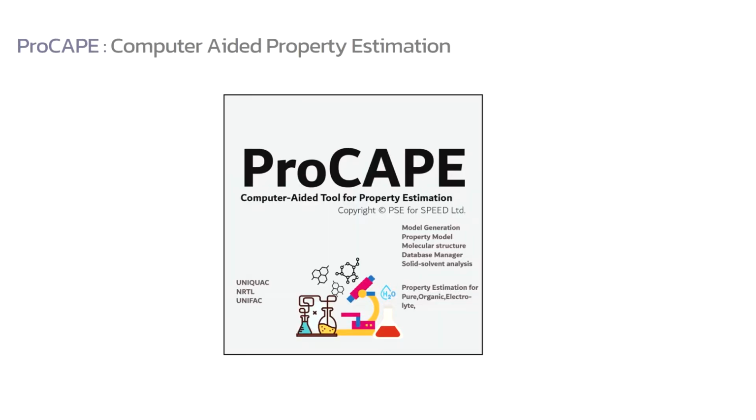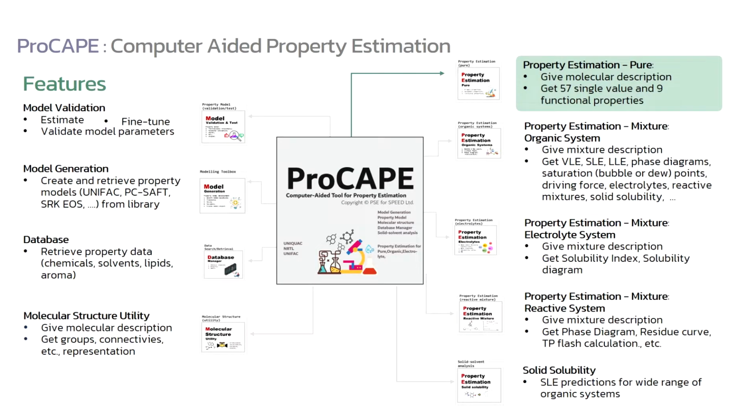ProCAPE consists of 9 main functions, which are property model validations, model generations, database managers, molecular structures, property estimation for pure components, property estimation for mixtures, and solid solvent analysis. In this video, we focus on the features for the properties of pure components, and we will use the pure function in ProCAPE.